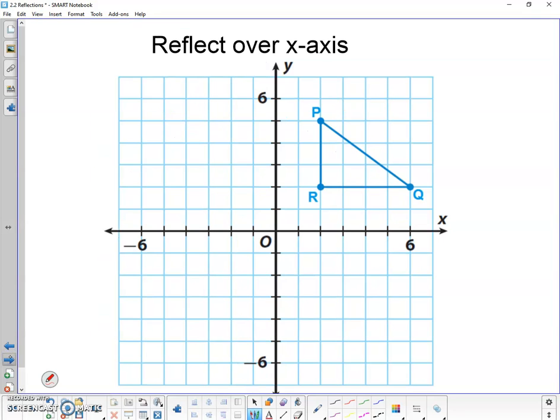The next one, we've got that same shape, only this time we're reflecting over the x-axis.